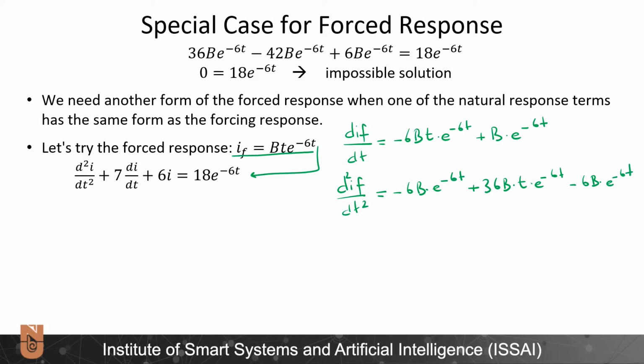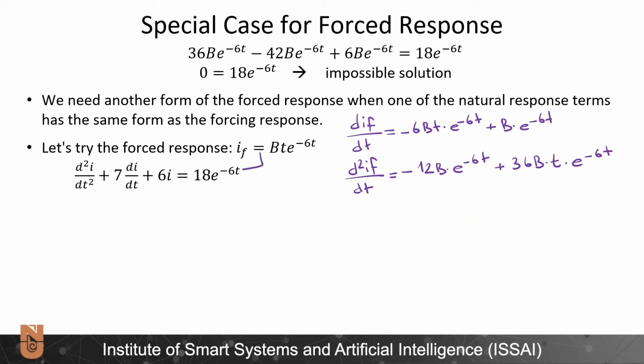So can I simplify these terms? I don't see an easy way of simplification. I can write it as minus 12b times e to the minus 6t plus 36b times t times e to the minus 6t. Now let's plug these into this equation.